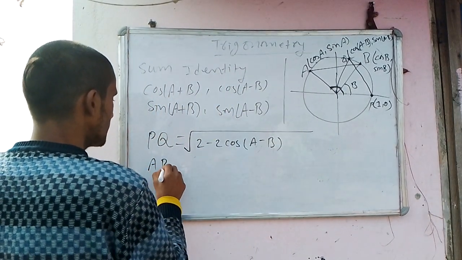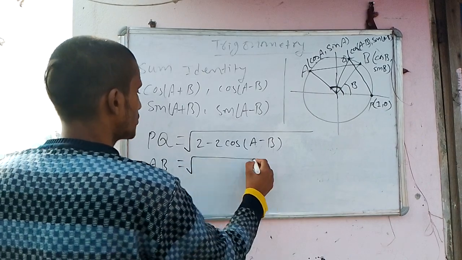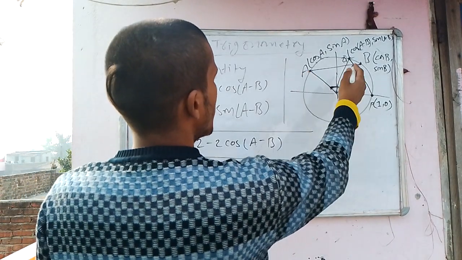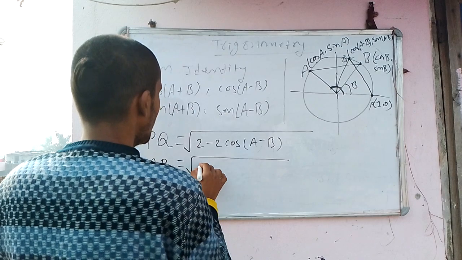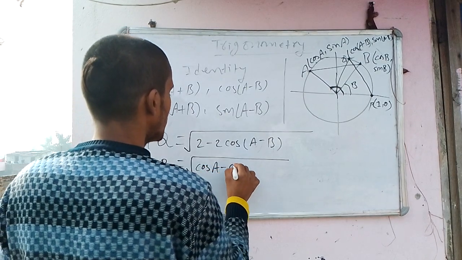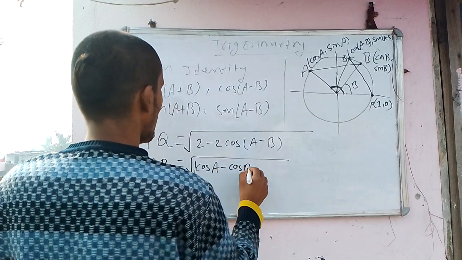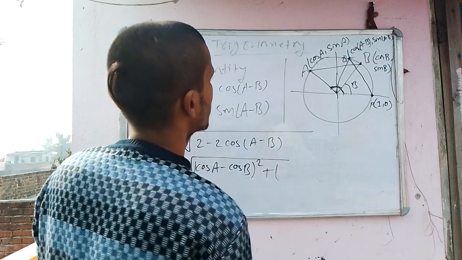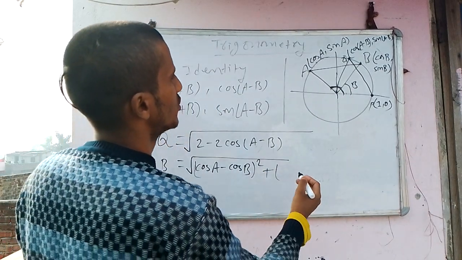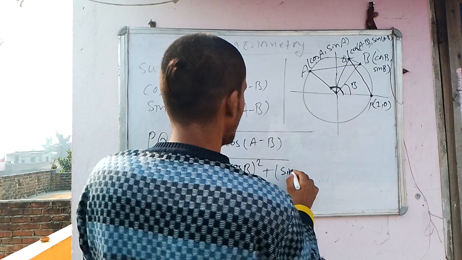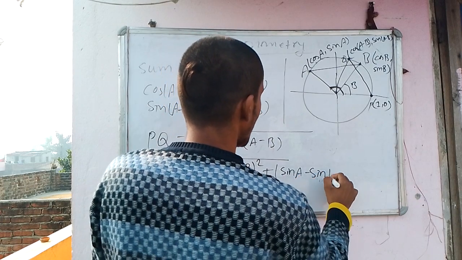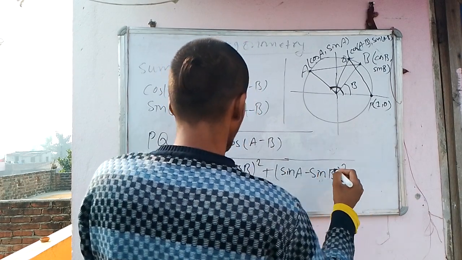So AB, let's calculate AB. AB is going to be what? Square root of cosine A minus cosine B whole squared plus sine A minus sine B whole squared. Easy.